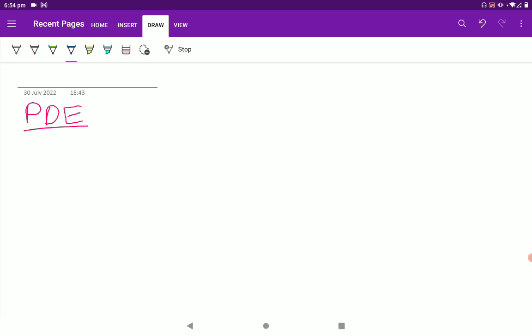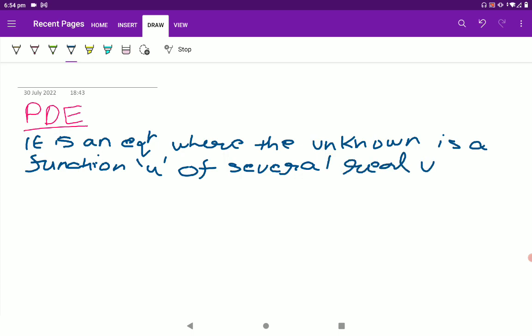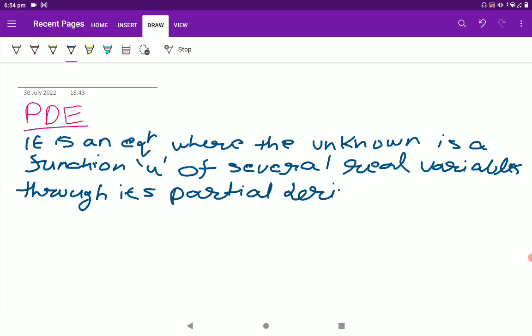So a PDE is an equation where the unknown is a function u of several real variables, through its partial derivatives. It can be written in this form.